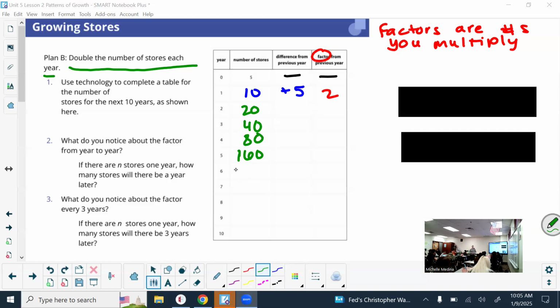Can you find it really quick? You're allowed to use technology. I'd actually prefer that so you're not just doing mental math. 320. I still see on tests some of you adding by hand, and that drives me crazy. You should not be adding and subtracting by hand.